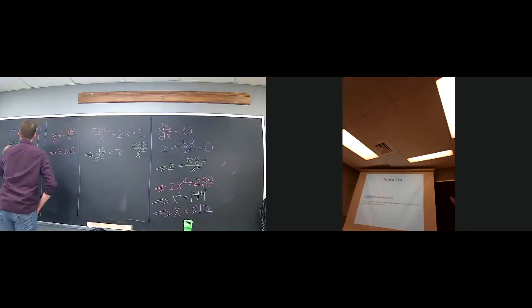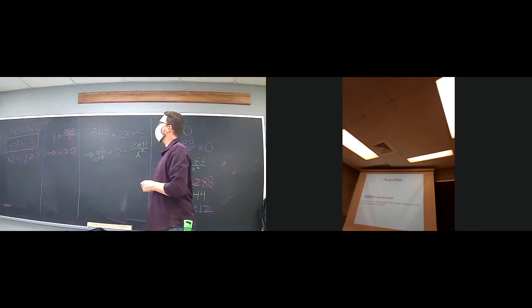So y plus 2x is equal to the sum, and x times y is equal to the product, which we know comes out to be 288. The sum is the thing we want to optimize, so it's our primary equation. That means x times y has to be our secondary equation.